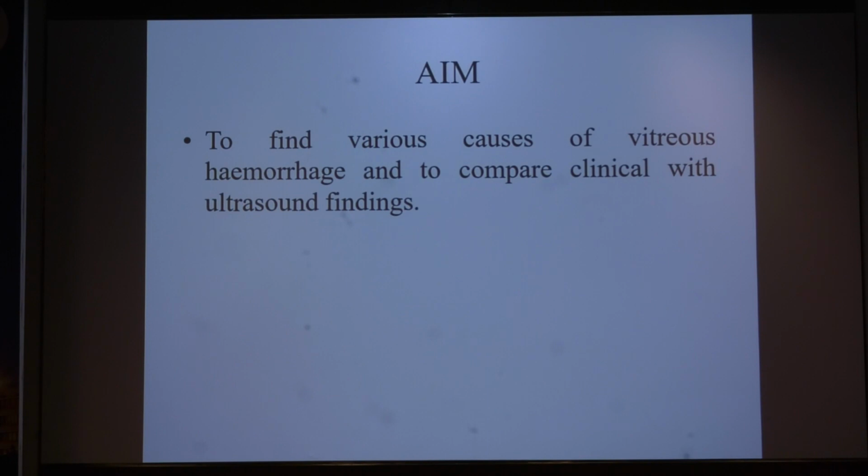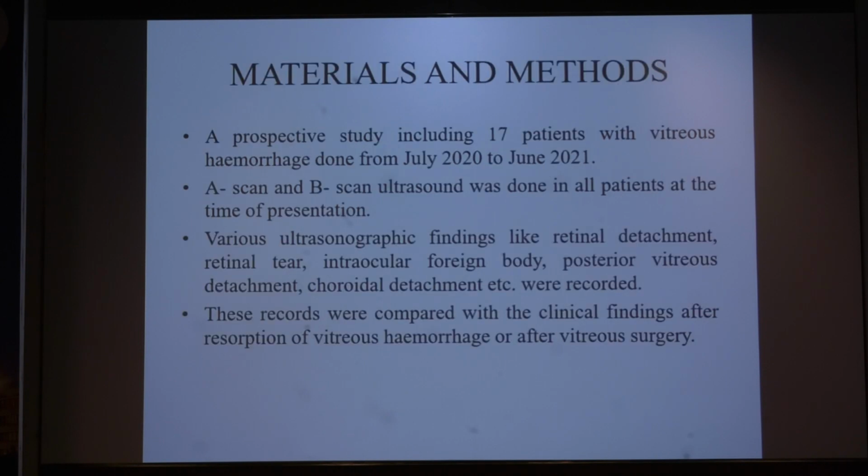The aim of our study is to find various causes of vitreous hemorrhage and to compare clinical findings with ultrasonographical findings. Materials and methods. It is a prospective study including 17 patients done between July 2020 to June 2021. All patients with vitreous hemorrhage were included in this study.